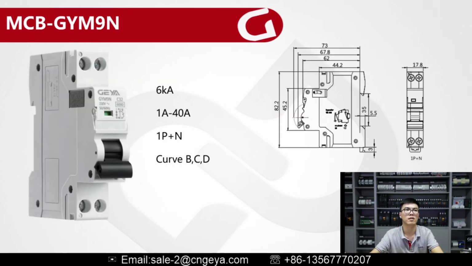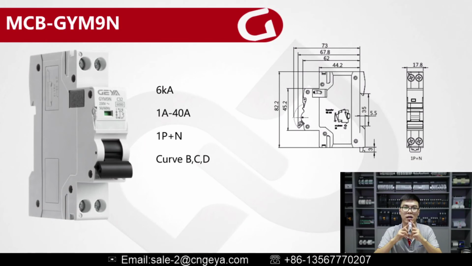And next, it is also an upgrade item based on GYM9 model. This one is GYM9N, the model number. Here it is the sample. GYM9N. For this type, other parameters are the same as GYM9.